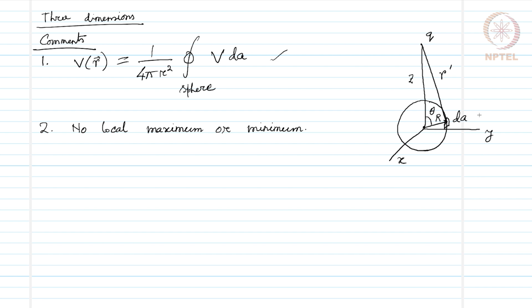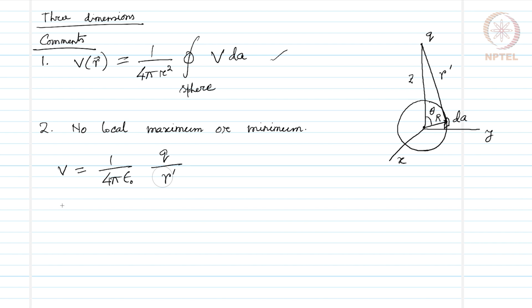If we have this, then the potential due to this point charge q at the surface element here can be given as V equals 1 over 4 pi epsilon naught q over r prime, because the distance from q to the surface element is r prime.